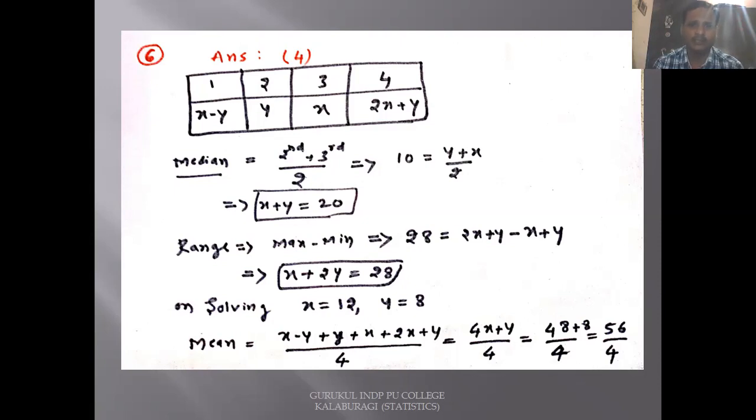That is x minus y plus x plus 2x plus y, divided by 4, equal to 4x plus y divided by 4, which is 4 into 12 is 48 plus 8, divided by 4, that is 56 by 4. That gives 14. So the fourth option will be the right answer for this question.